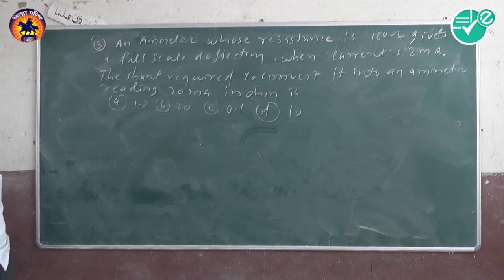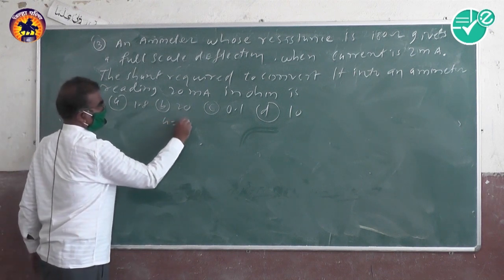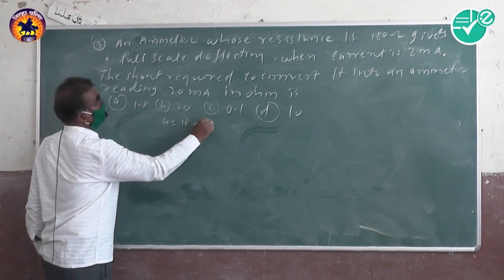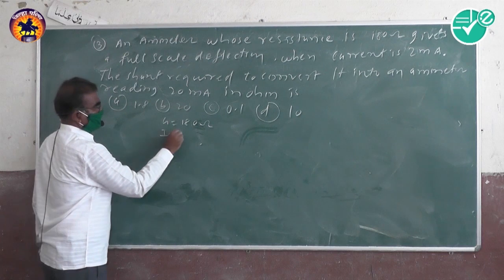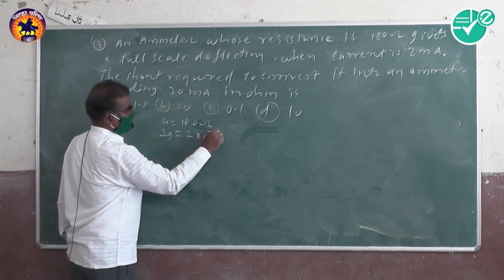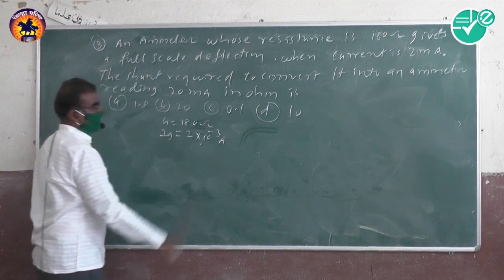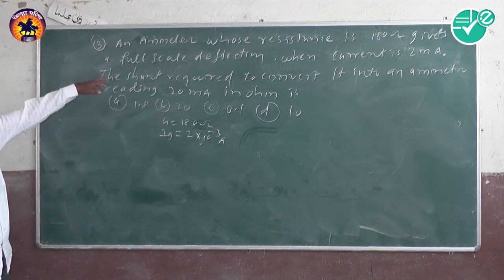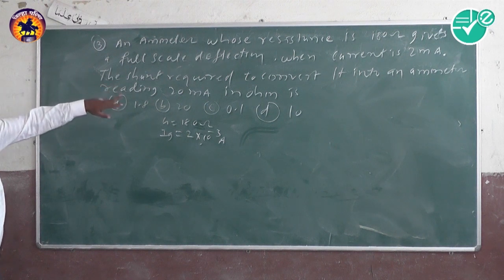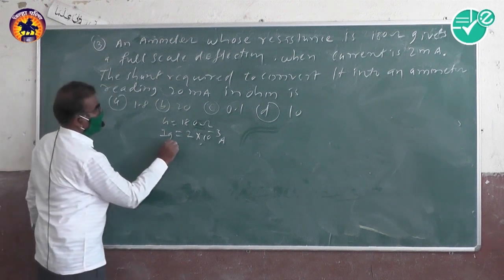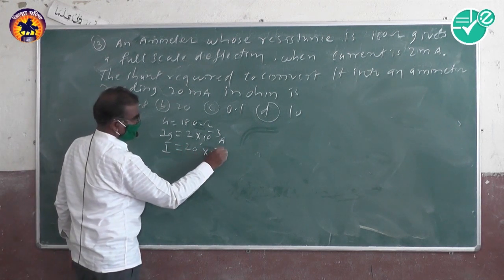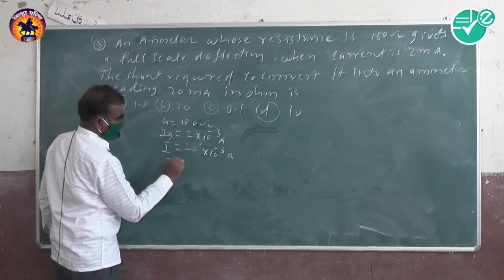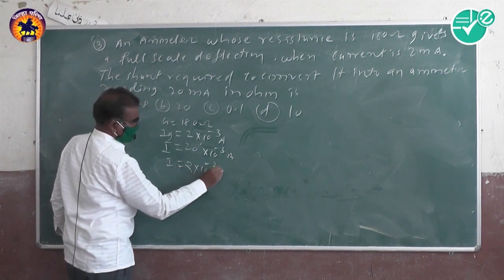The given data: G is 180 ohm, Ig is 2 milli, that is 10 raised to minus 3 ampere, milli as 10 raised to minus 3 ampere. And I equal to 20 milliampere, that is 2 into 10 raised to minus 2 ampere.